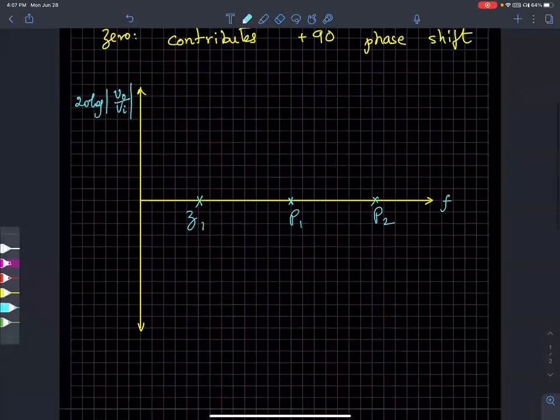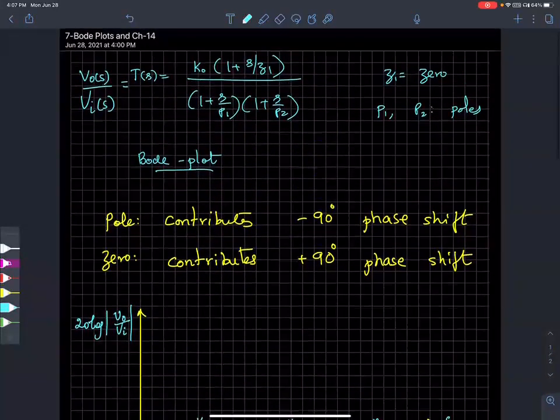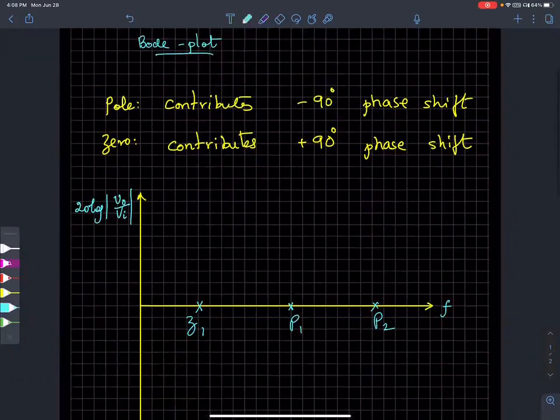When you're looking at the zero, you do have to take into account the magnitude of the constant. 20 log K naught is the DC value, whatever that value is. So you're starting off at that value.